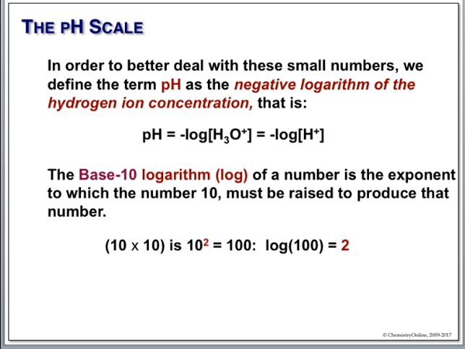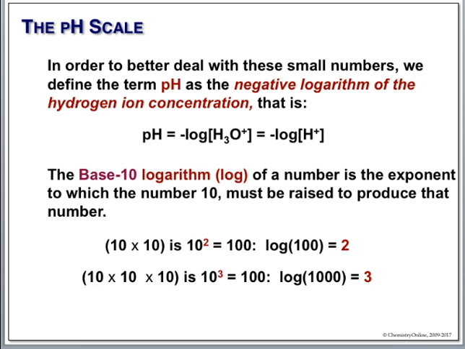Make sure you can do log of 100 and get 2. If we had 10 times 10 times 10, that's 10 to the third. The log of 10 to the third is 3. So all we're doing here is talking about this exponent. That's all in the world the logarithm is.